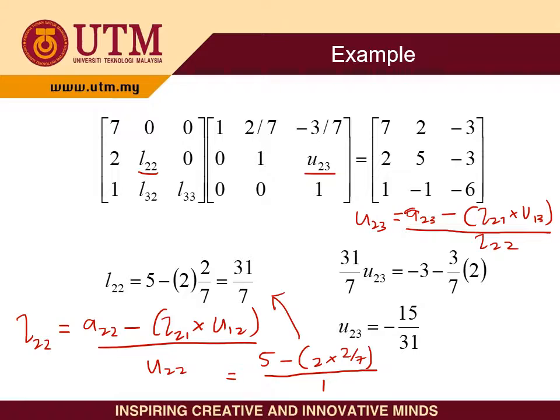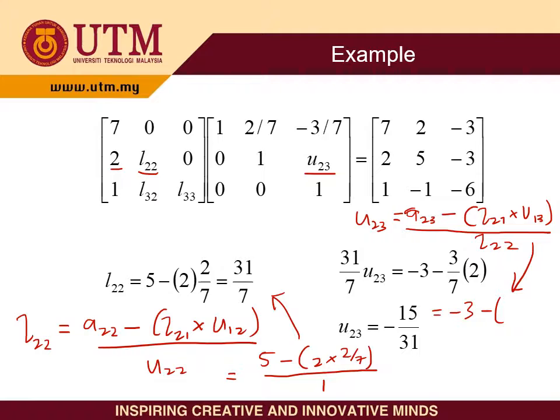So if you do the calculations, A23 is negative 3, and then we need to minus L21, L21 here is 2, right?